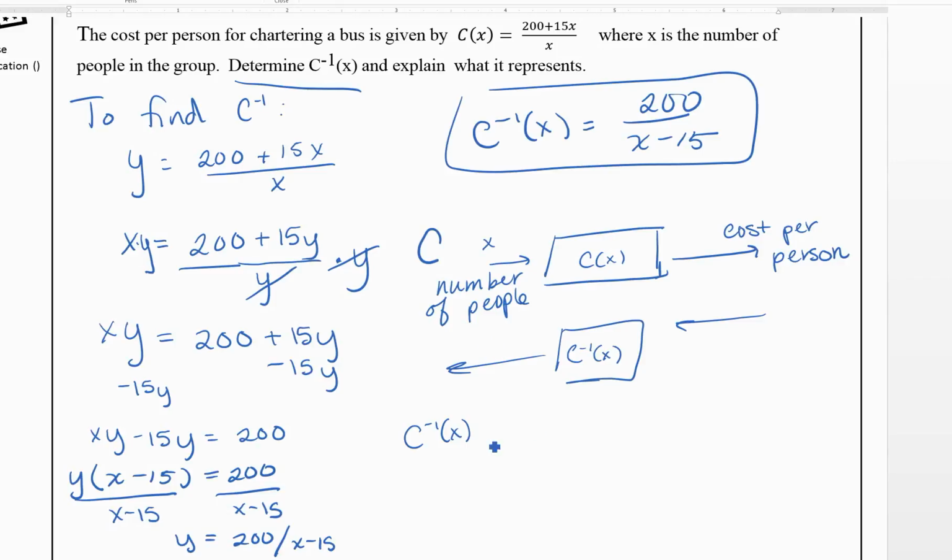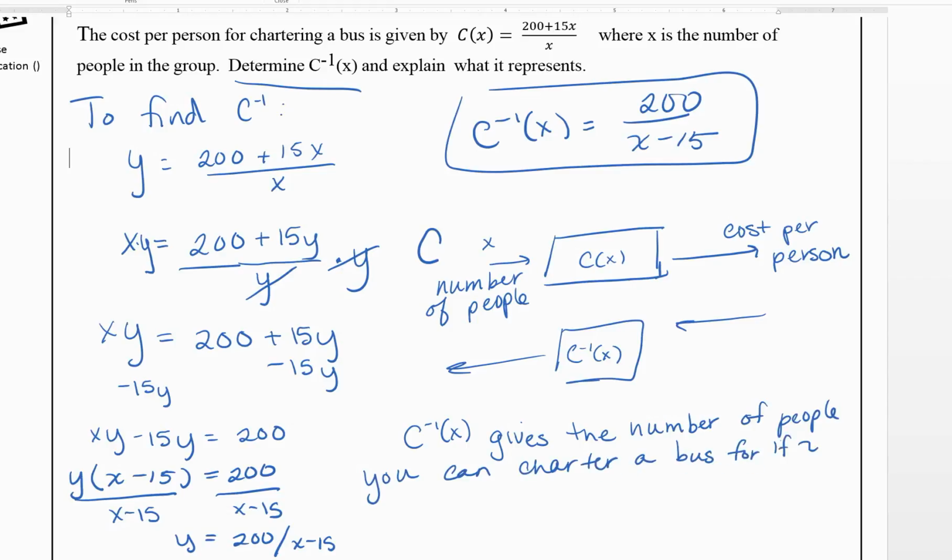So C inverse of x gives the number of people you can charter a bus for if x is the cost per person. Okay, so what was our output is now our input, and what was our input is now our output.